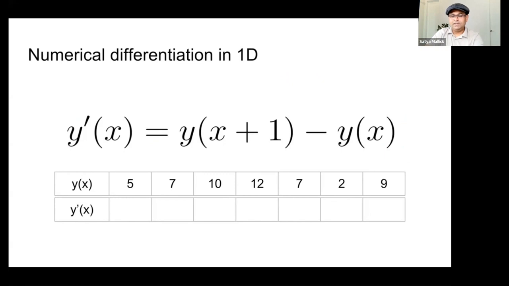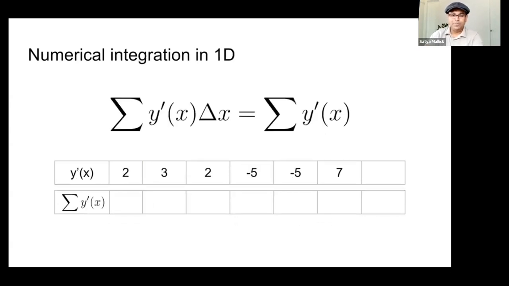Now, if you take the derivative of this curve, you basically take the difference. So 7 minus 5 is 2, 10 minus 7 is 3, 12 minus 10 is 2, and 7 minus 12 is minus 5, and so on and so forth. So that's how you get the curve. It's pretty straightforward. Now, what does integration look like? Integration is basically adding values successively in the discrete domain.